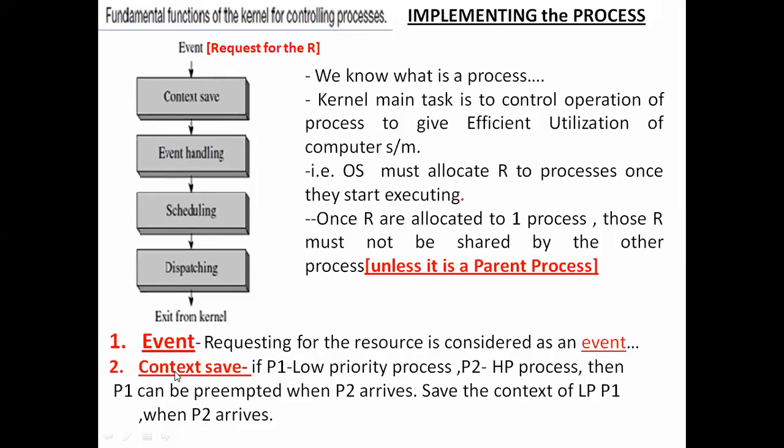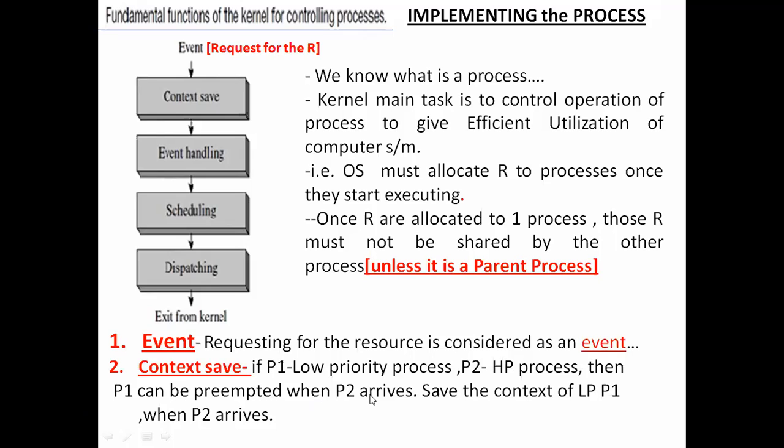The first is the context save. Suppose I have two processes, P1 with low priority and P2 with high priority. P1 can be preempted when the higher priority P2 arrives.